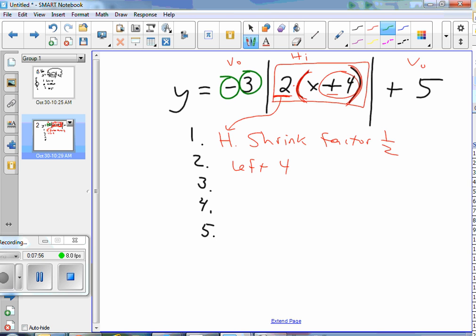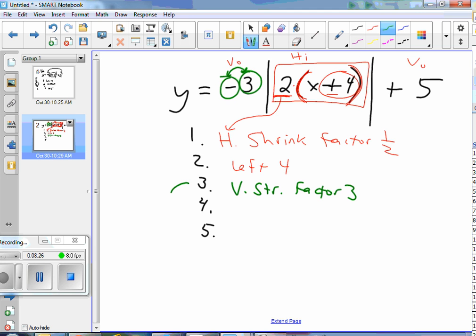Now, I kind of lied to you just a little bit. I said that there was only one right answer, but you actually can do, if you're starting on the inside, once you get to these 2, these can be done in either order. But I did, in the past, tell you that it's smarter to stretch before you flip. And so I would have wanted you to do the stretch first. So that'd be a vertical stretch factor 3.